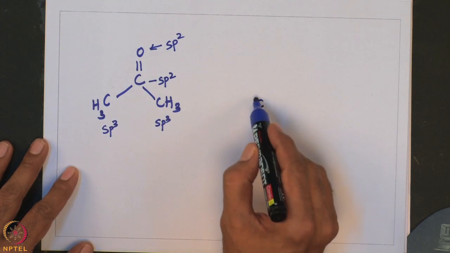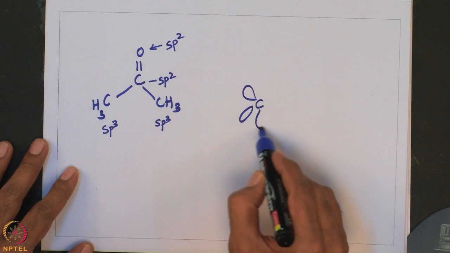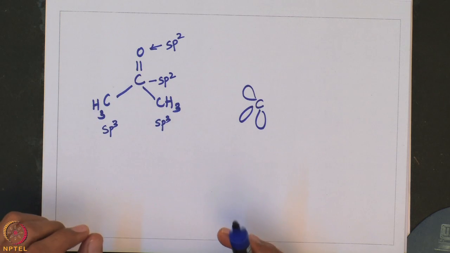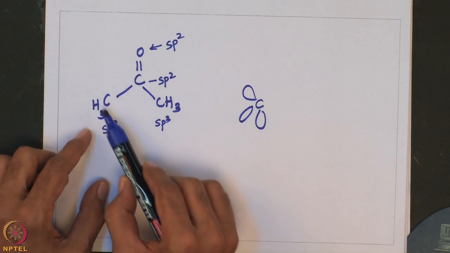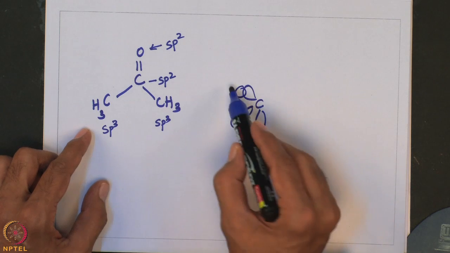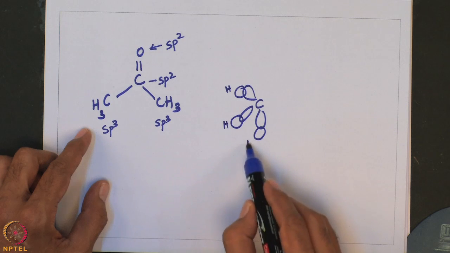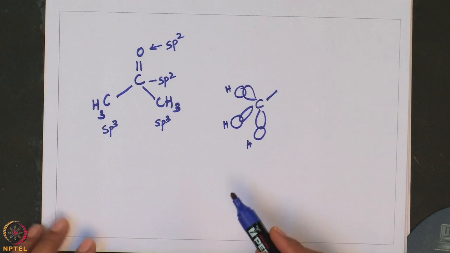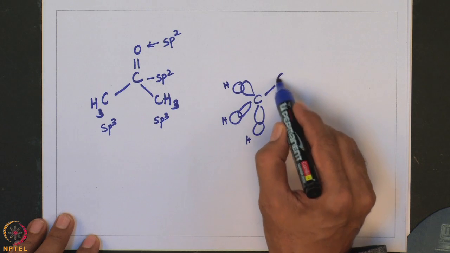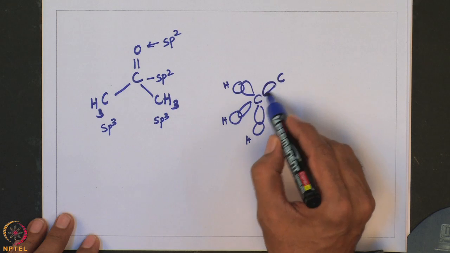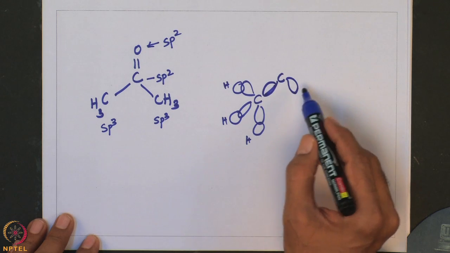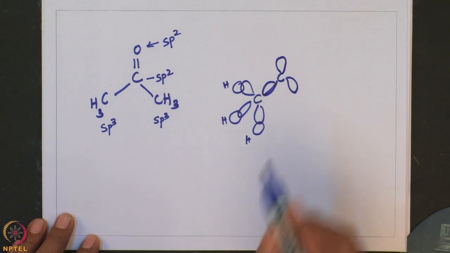So, here this one. This carbon has undergone sp3 hybridization, having 4 sp3 orbitals with 1 electron each, and 3 sp3 orbitals will combine with hydrogen atoms, and then this one will combine with one of the sp2, and this will also combine with one of the sp2, and one sp2 is here.